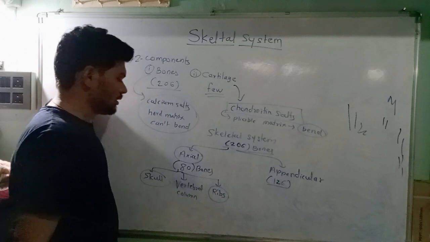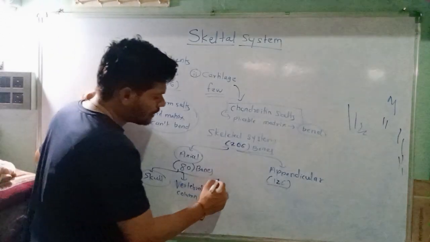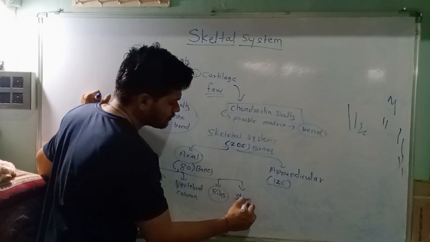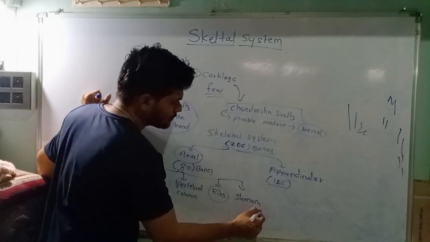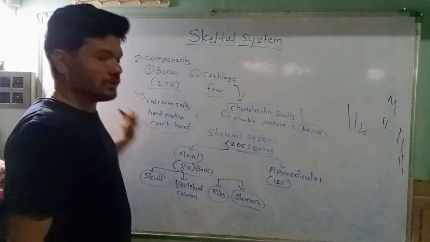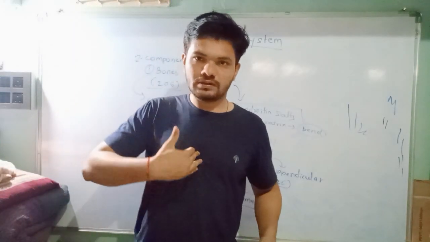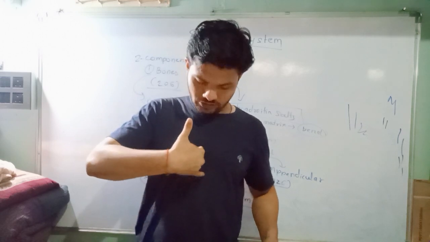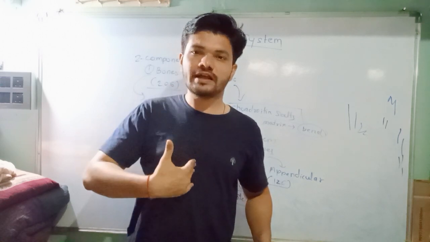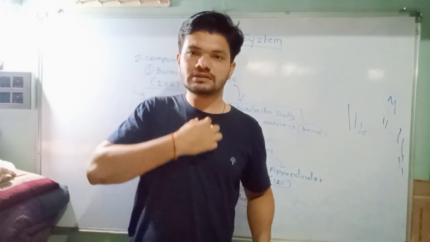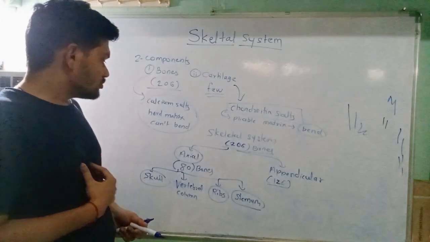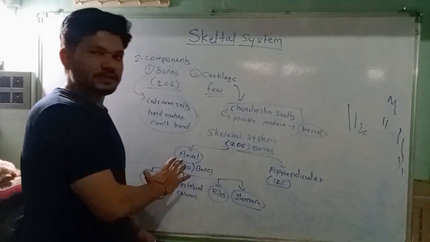Okay, and in front there is the sternum. Sternum is the chest bone. If you touch this place, you will feel the hard bone. This bone is called the sternum. So this includes your axial skeleton.